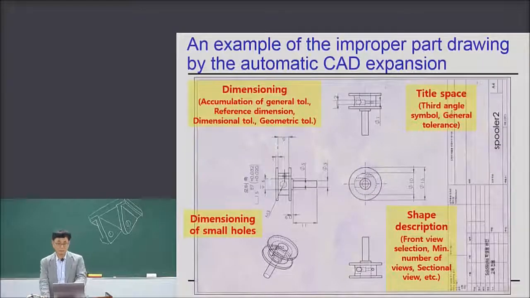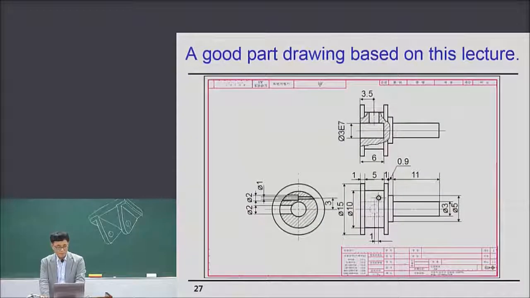Do not repeat this mistake. So since you have finished my lectures so far, I wish that you make this type of professional drawing in your future job career, please.